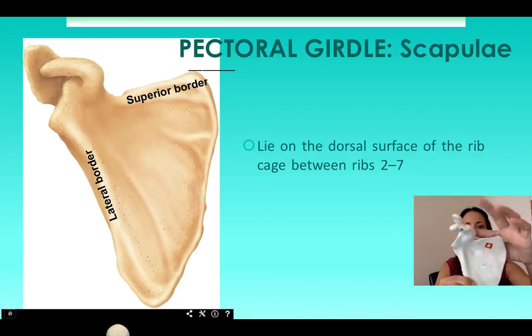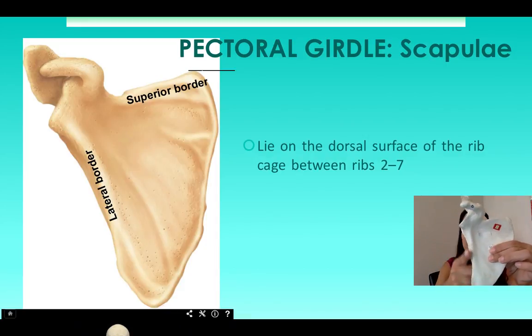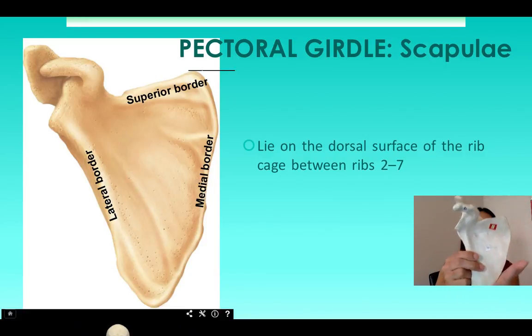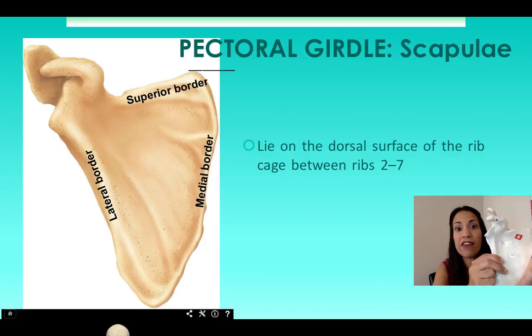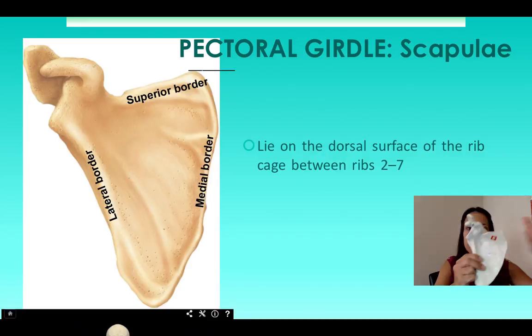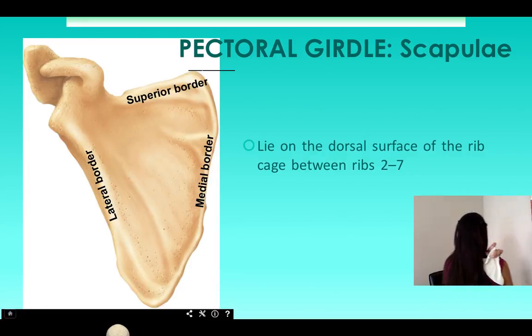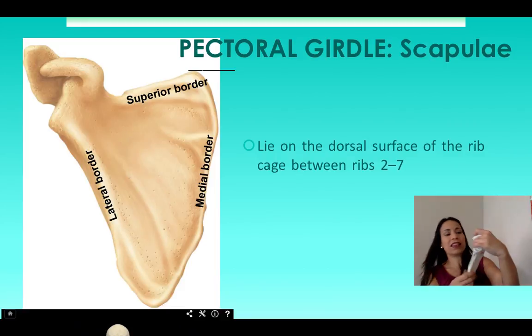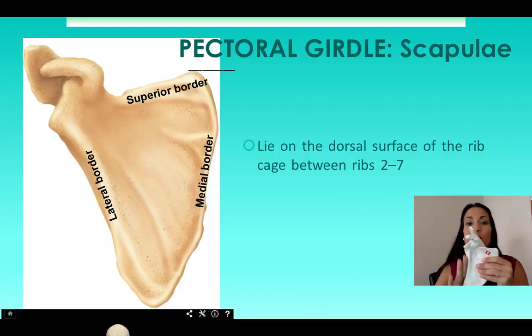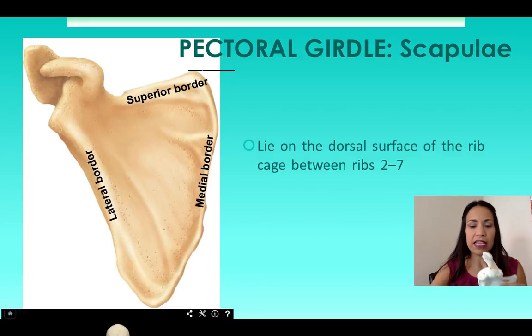So superior border, lateral border, medial border, which is also called the vertebral border because it faces the vertebral column. And the lateral one is also called the axillary border because it faces the axillary region or your armpit.